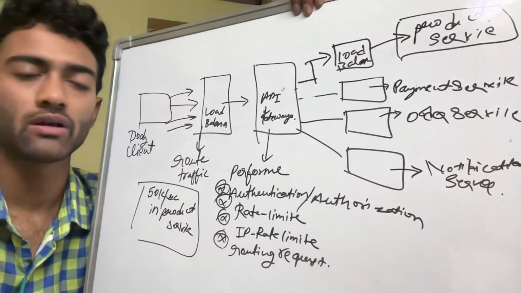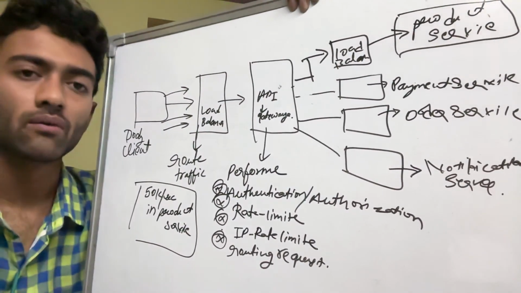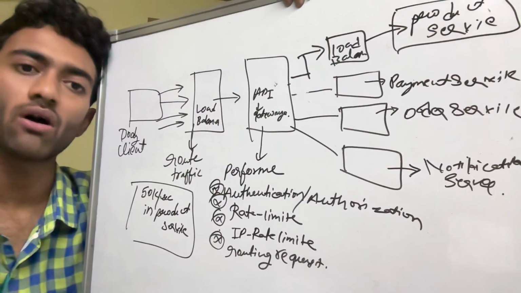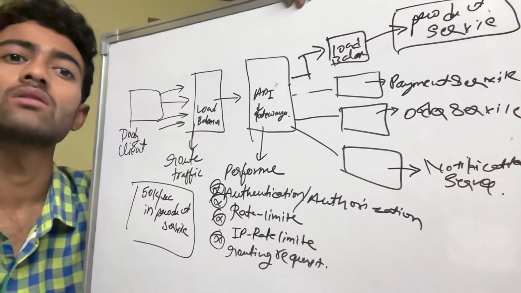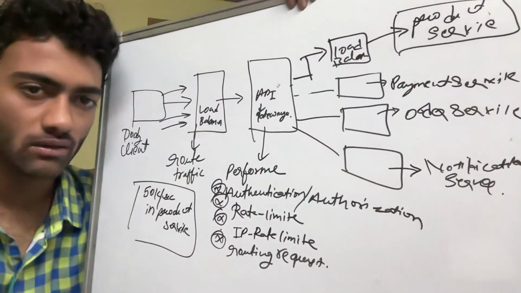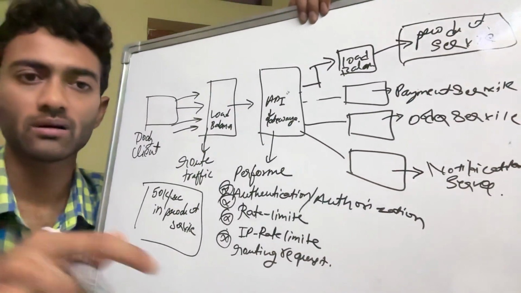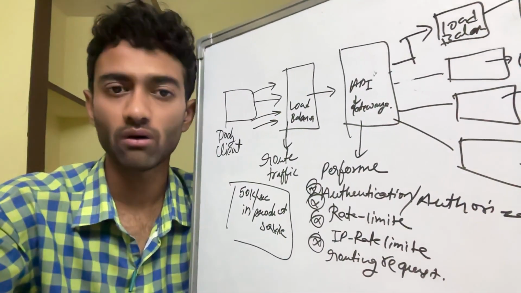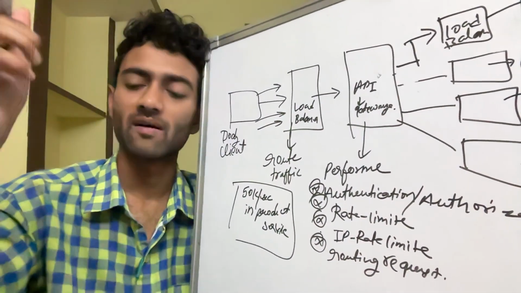The load balancer cannot distinguish which type of request has come from the client, what type of request it is, and what type of response should be served to the client. The only thing a load balancer knows is routing the traffic to multiple servers and services.